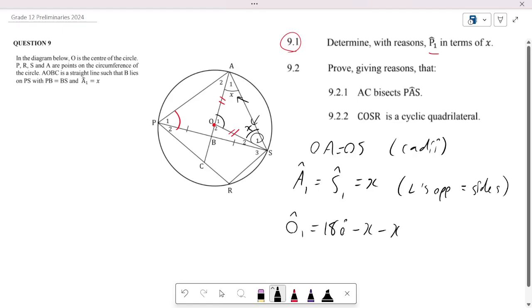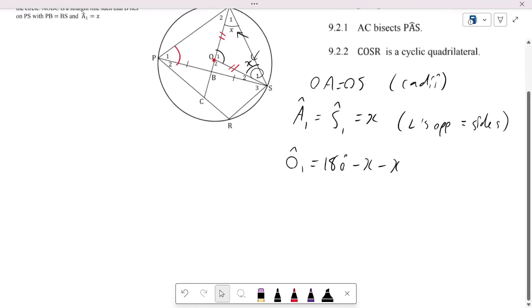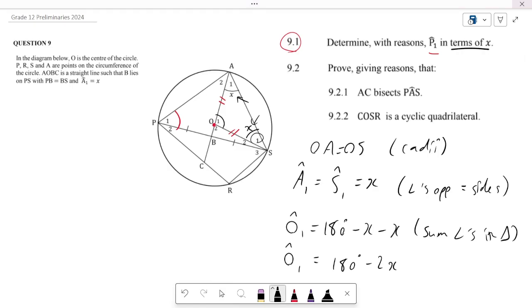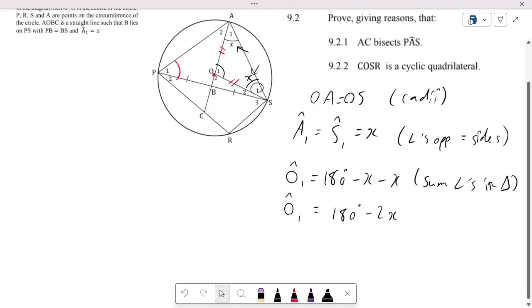So angle O1 is therefore going to be equal to 180 degrees minus 2x. And that is what we are going to have over here. Also, this is the sum of angles in a triangle. That was our reason. So now we have angle O1. And remember, the question said P1 in terms of x, and that's why we don't know what the value of x is. So we're just going to go as we please, basically, right?